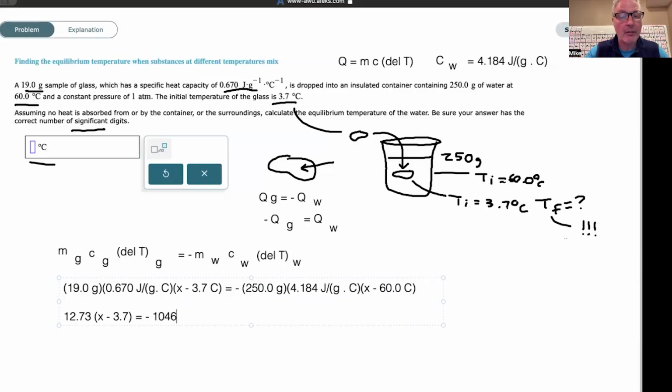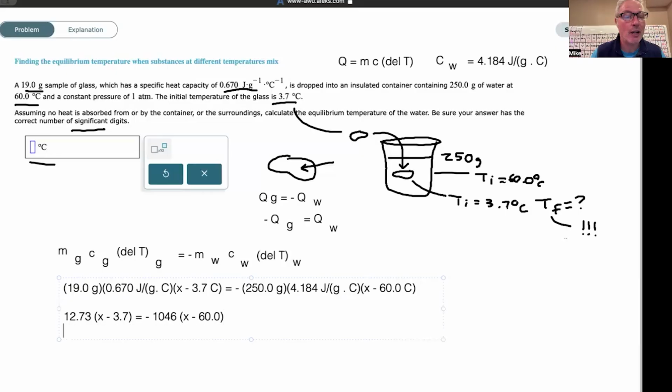Negative 1,046 times X minus 60.0. Okay, now I need to distribute.